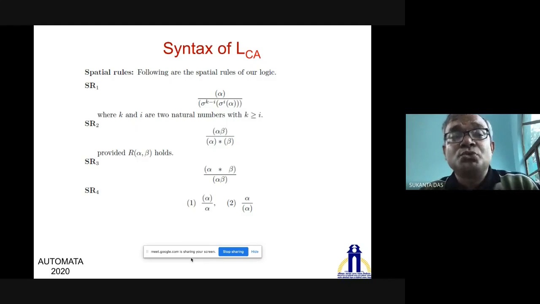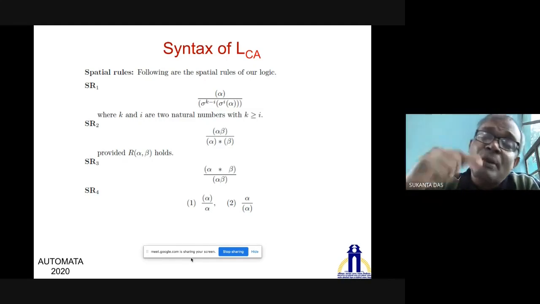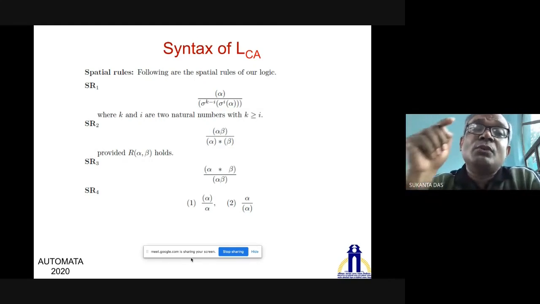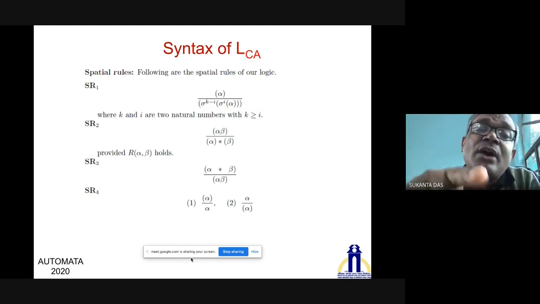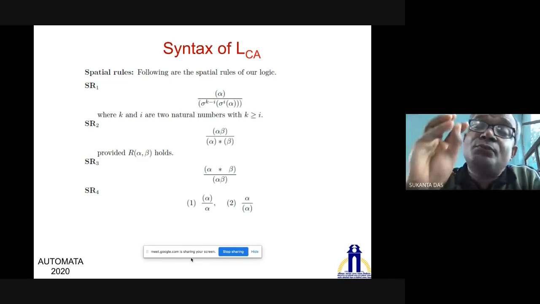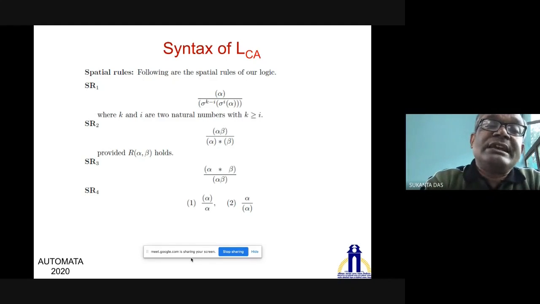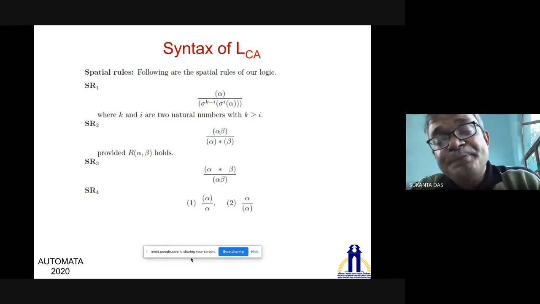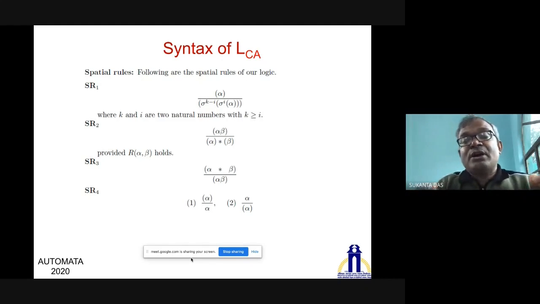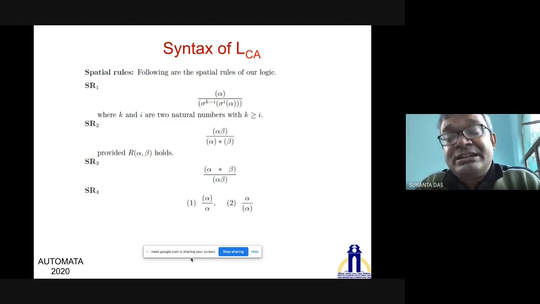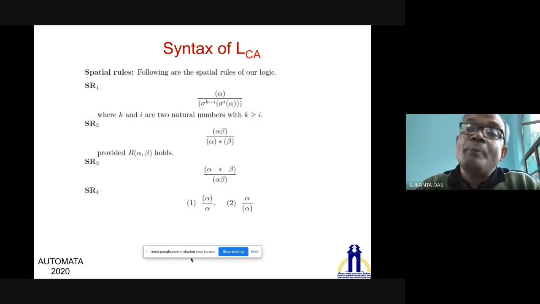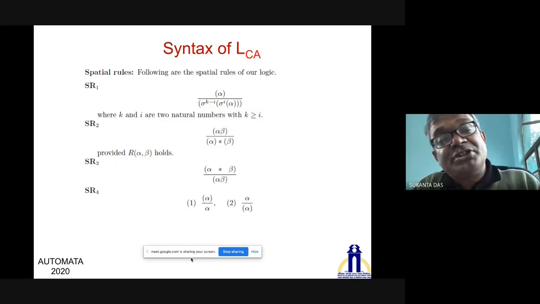In case of SR2, it says that if alpha beta is there, provided that R(alpha, beta) holds, then from alpha beta you can write bracket alpha star bracket beta. This is about SR2. Now SR3 says if alpha star beta is there, then we can eliminate the star, and I can write alpha beta.